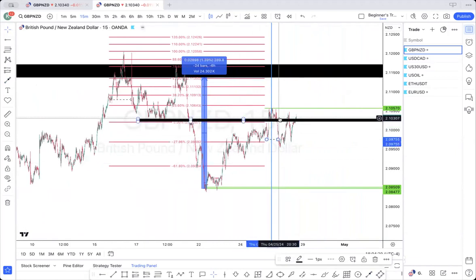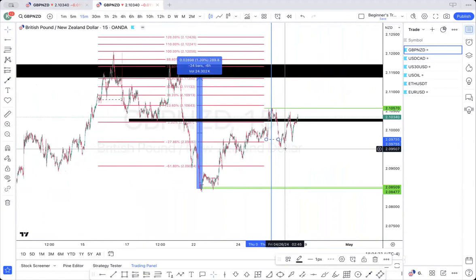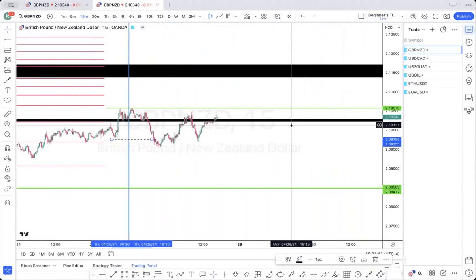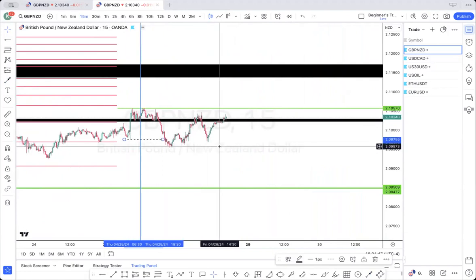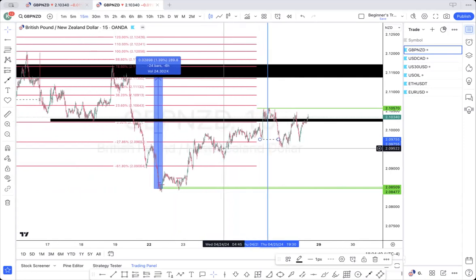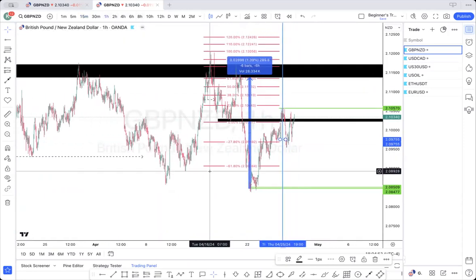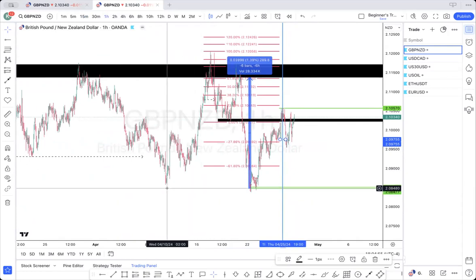So now I'm back to my sell bias here. So it broke structure, pulled back, started breaking internal structure, right? Pull back. So now I'm waiting for price to sell back down to these lows.